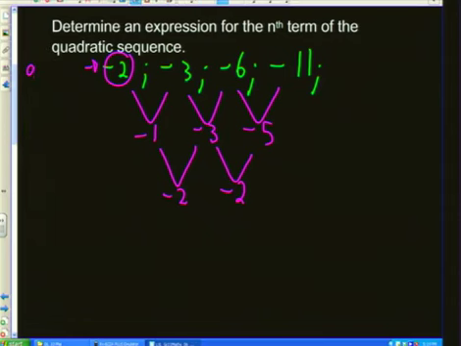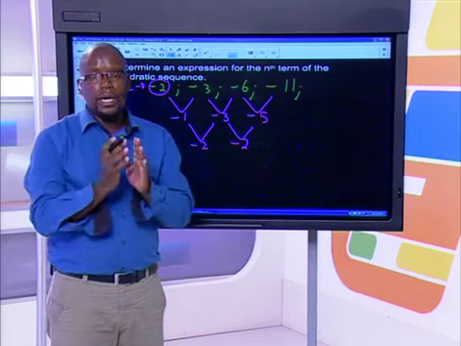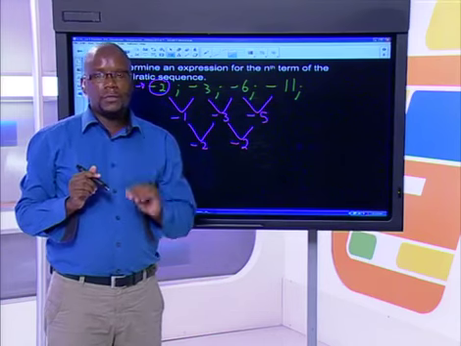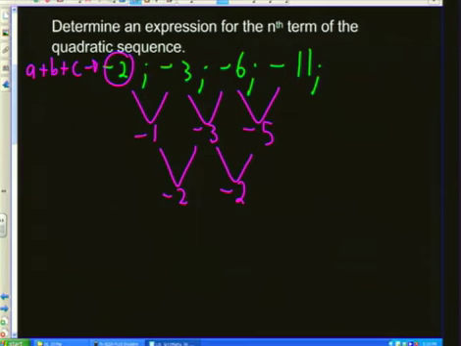Term 1 will be a plus b plus c. Our first term of the first difference gives us 3a plus b. And our second difference is 2a.